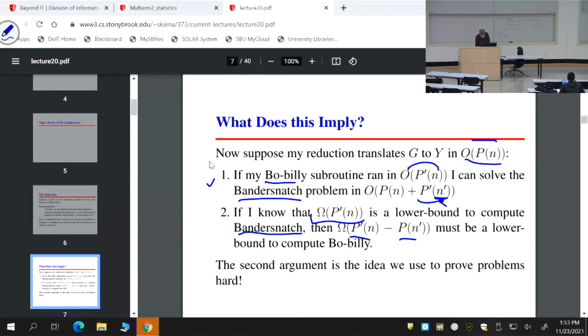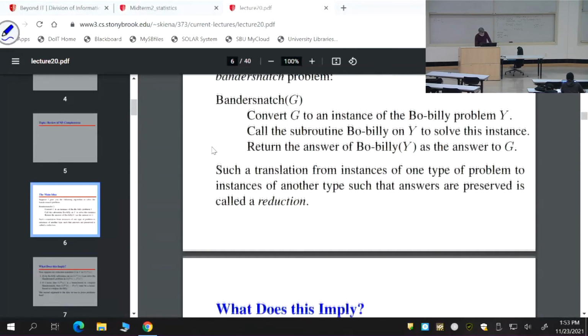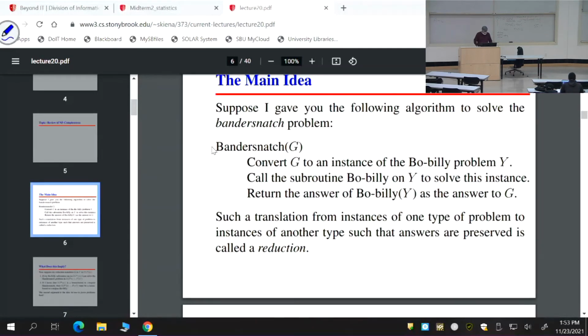Because if there is no fast way to compute Bandersnatch, and I just showed you a fast way to compute Bandersnatch if Bobilli was fast, this is an argument: that means that there is no way to solve Bobilli quickly. And so Bobilli is just as hard as Bandersnatch.